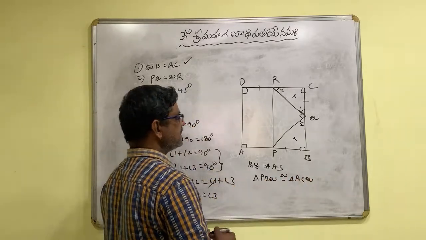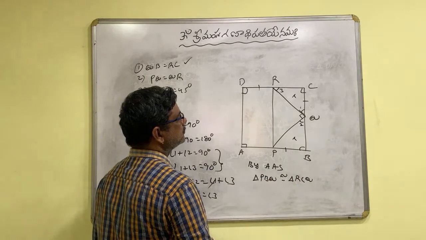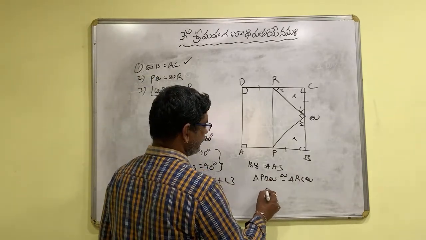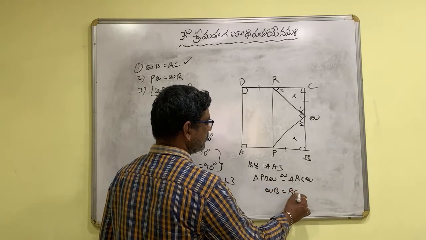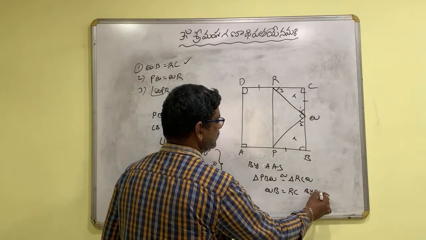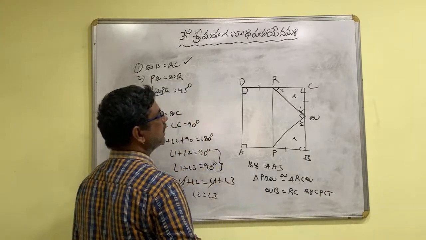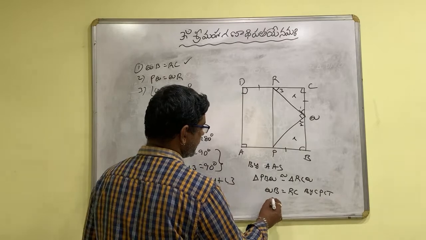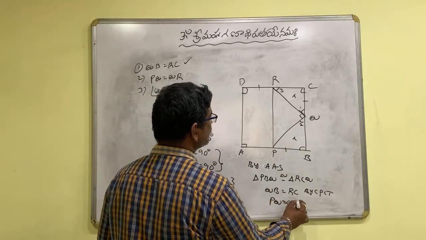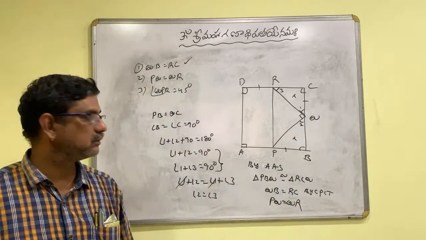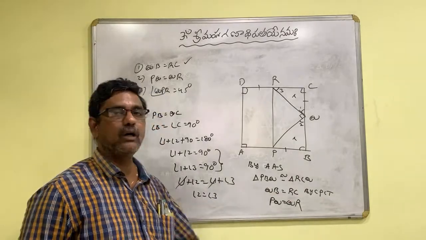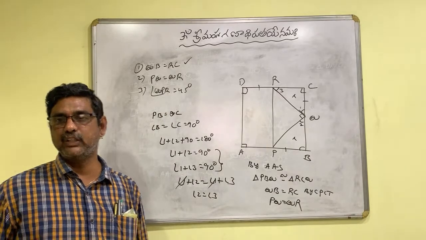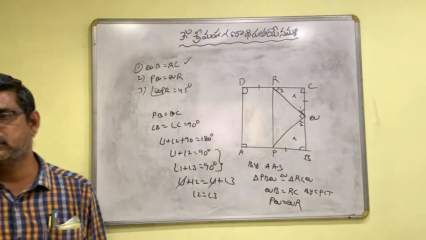CPCT. QB is equal to RC by CPCT. Not only that, not only QB is equal to RC, PQ is equal to QR also by CPCT.